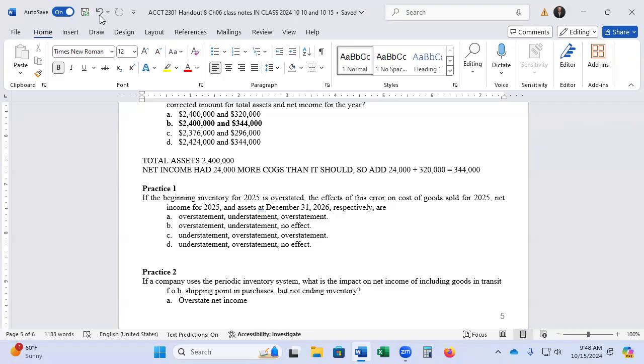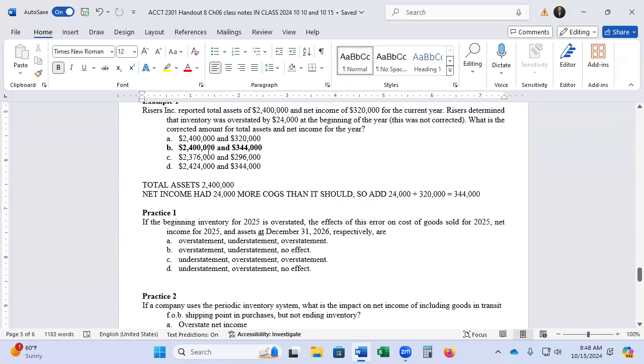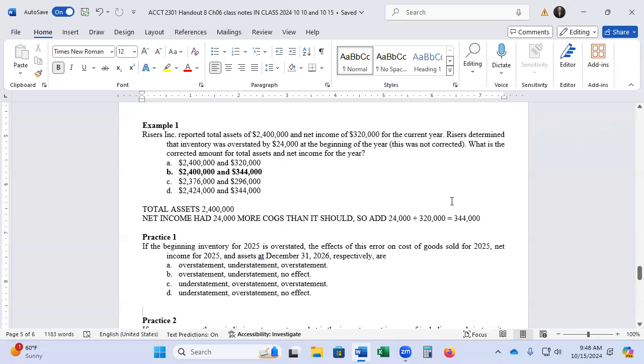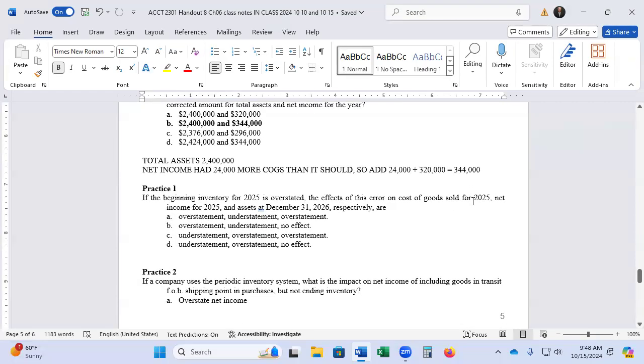Okay, so let's take a look. It says if the beginning inventory for 2025 is overstated, so this is similar to what we just had, the effects of this error on cost of goods sold, 2025 net income, and assets at December 31st respectively are.